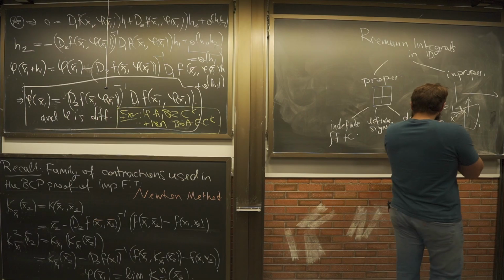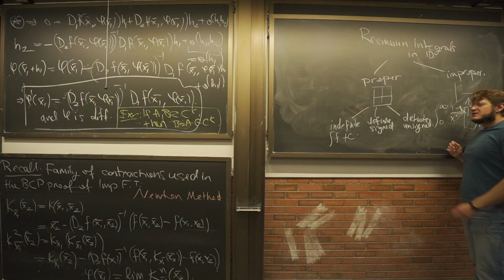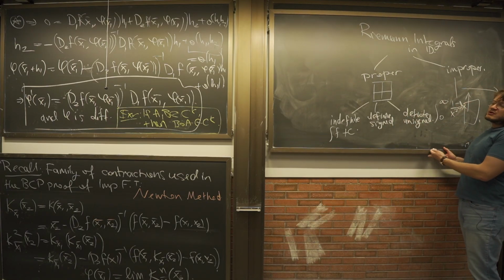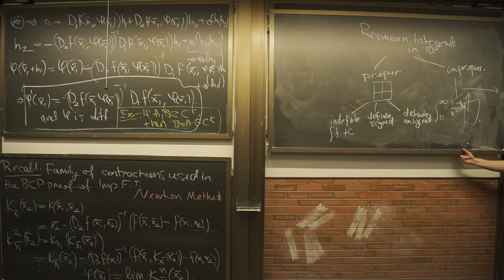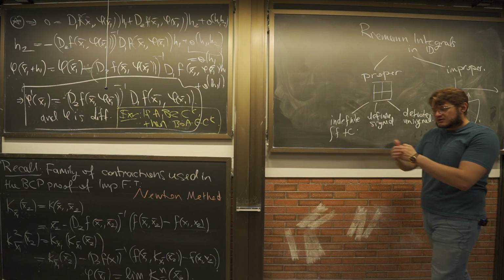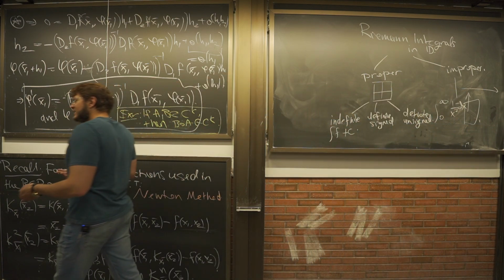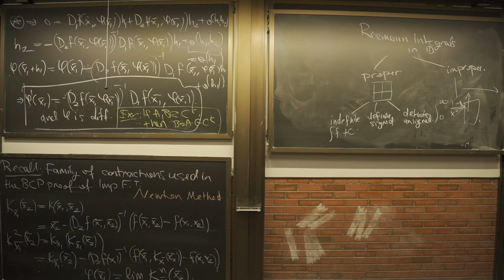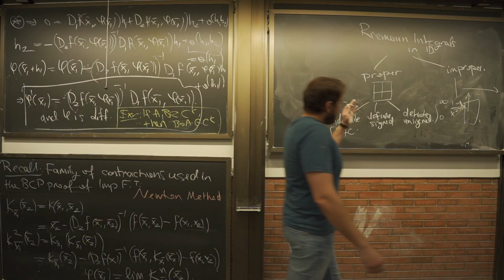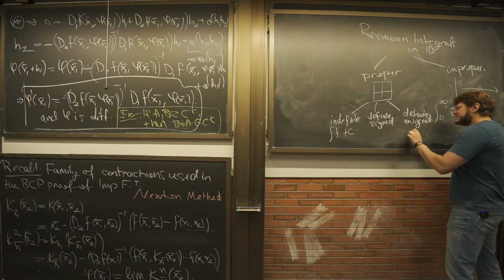A definite unsigned integral is, from a physical point of view, something like this: if I have a density function for a physical rod, I should be able to integrate that density to come up with its mass. So an unsigned definite integral is something like a mass.